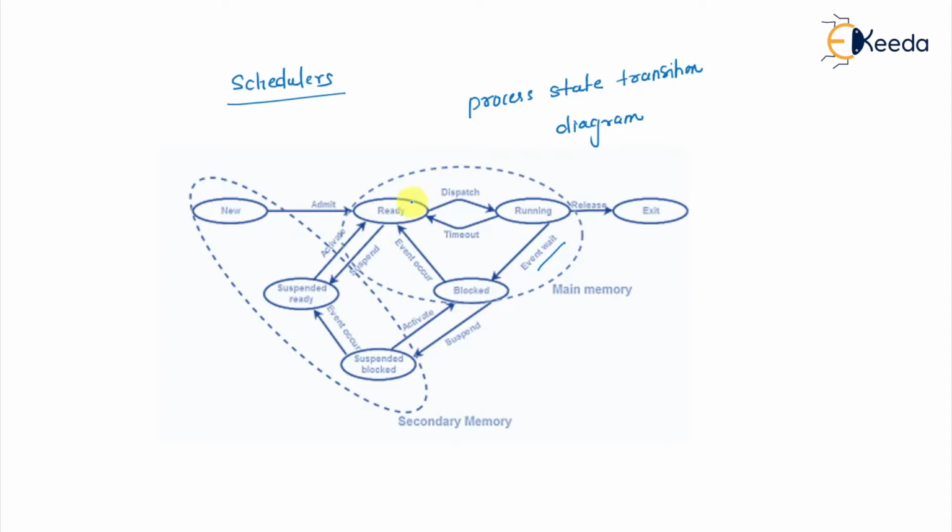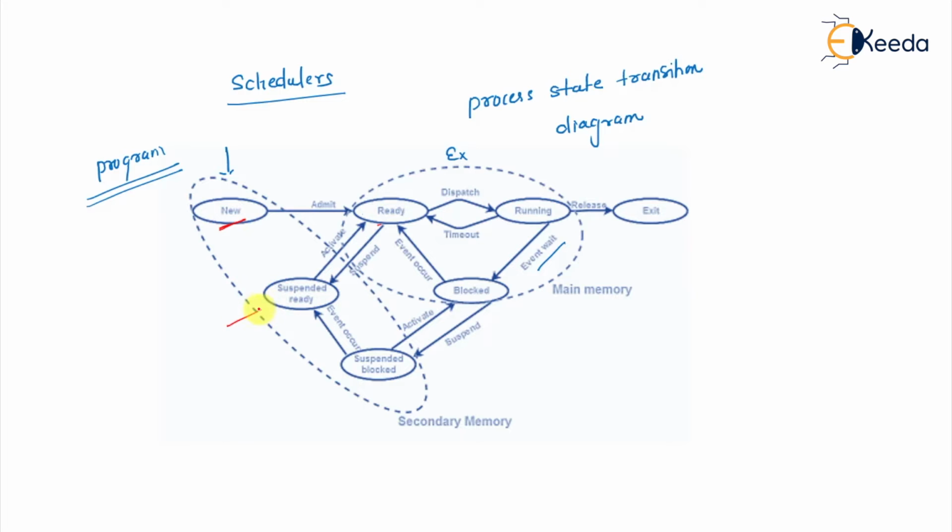The main thing is there must be some program that will take the process from the new state and put it into a ready state. There must also be some program that will select the process from the ready state and select it for execution. So this should be done by a program that will select the process from the new to the ready state.